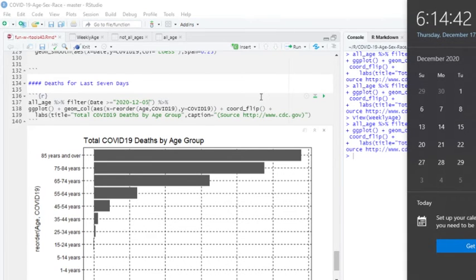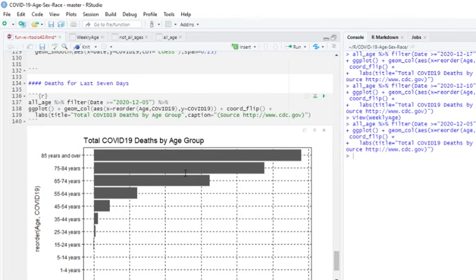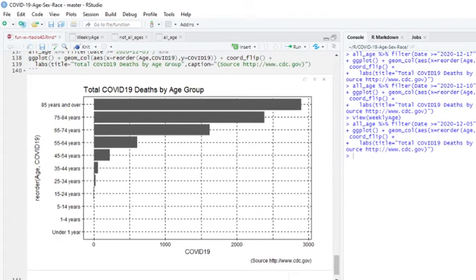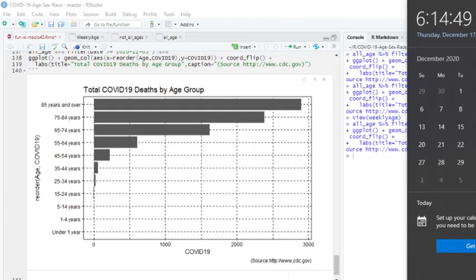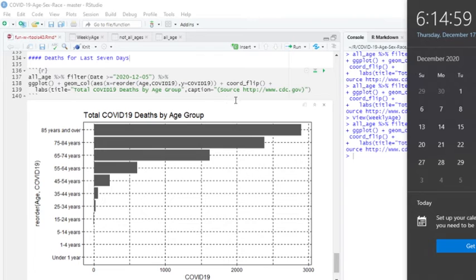So this is through the 5th, all right? So in the last week, from the week of December 5th, these are the deaths from here through here. All right. You can see 85 and older had, say, 2,700 deaths.